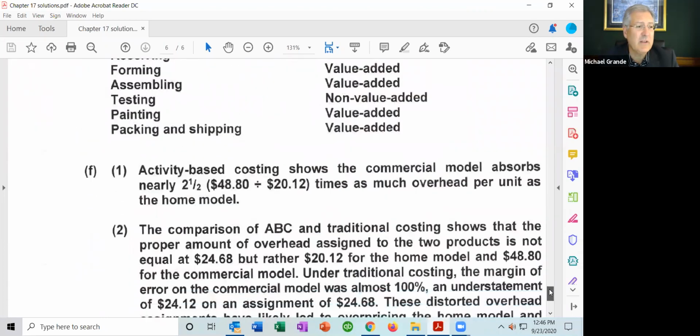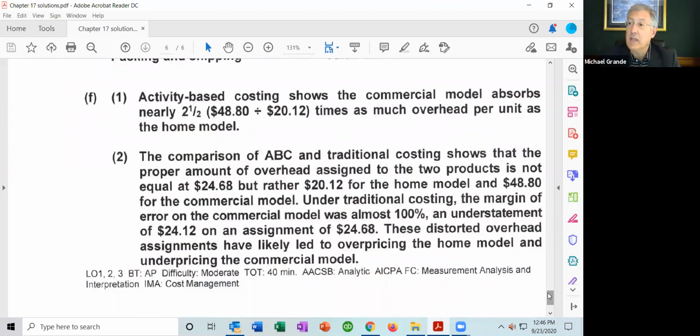So what's really important here is, as I mentioned before, a company establishes the sales price of its product based upon its cost. If its cost is too high, likely the sales price is too high. And if the sales price is too high, they may not be able to compete. Again, what did we say?